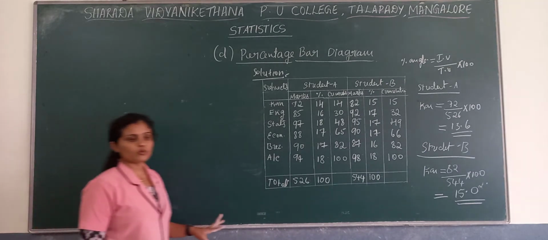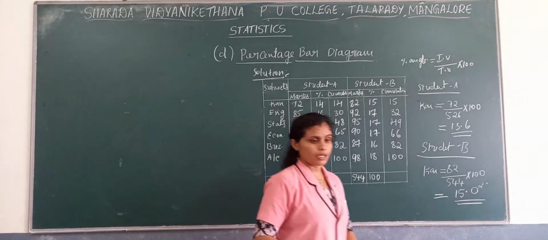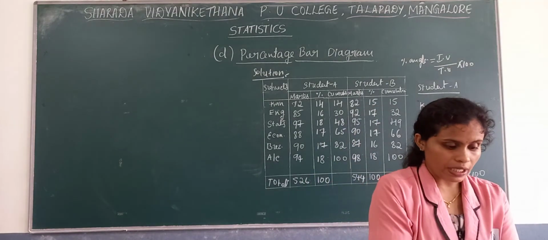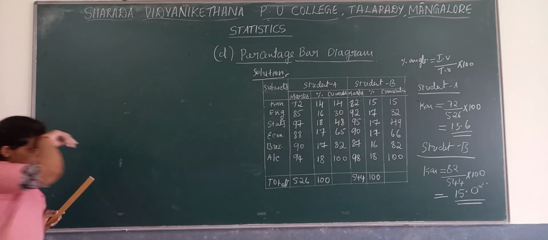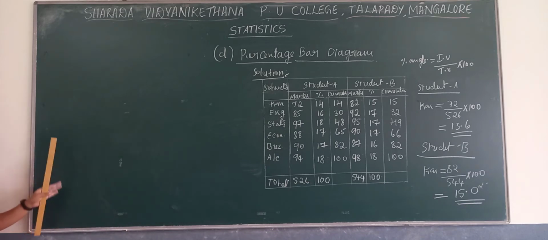Now we will move towards the preparation of the graph. How to prepare a graph? The graph is similar to, as I said, what percentage subdivided we prepare. The same as we are preparing percentage.